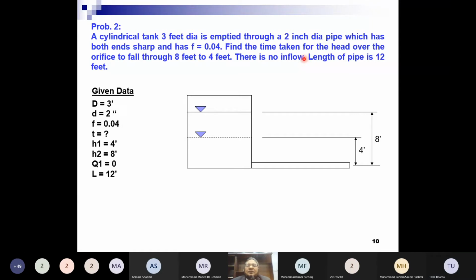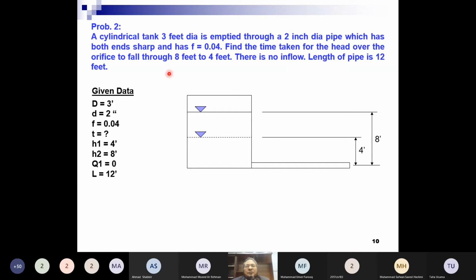Find the time taken for the head over the orifice to fall through 8 feet to 4 feet. If the head initially is 8 feet above this pipeline, and if this head has to reduce to 4 feet, I mean we have to empty this much tank, then what time would be required?